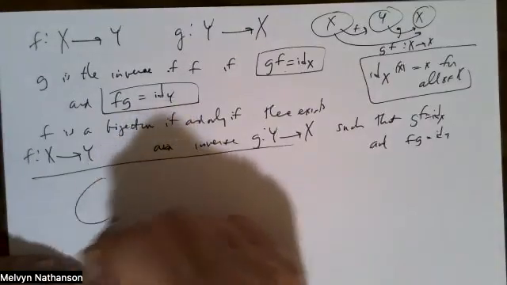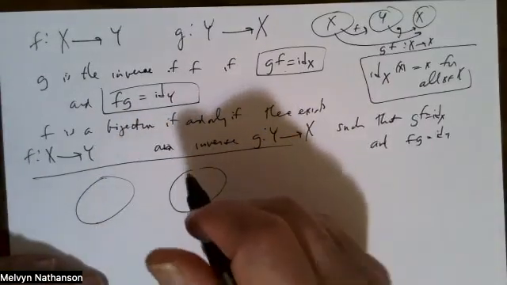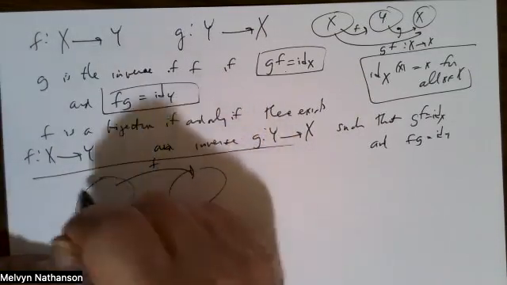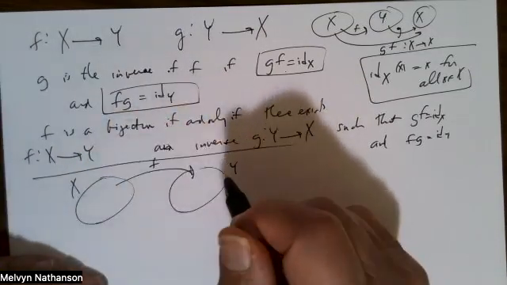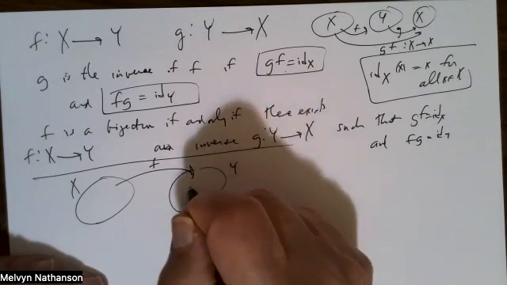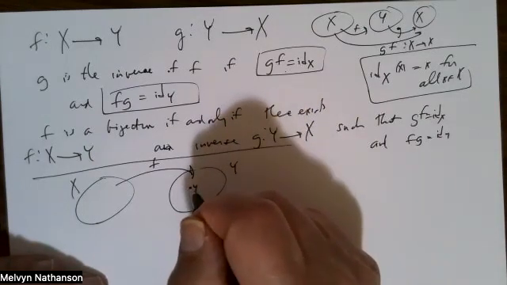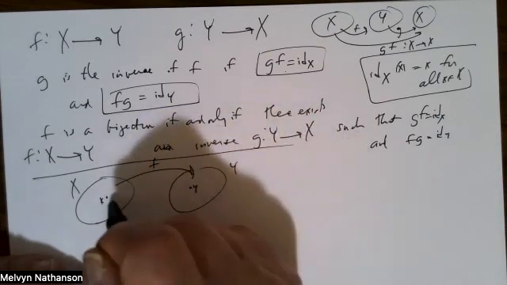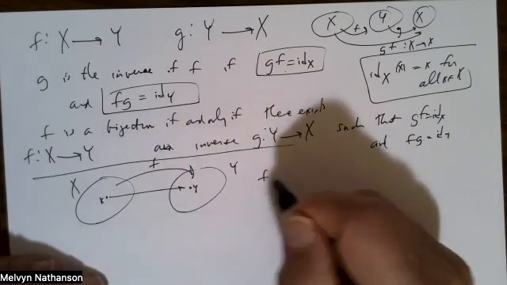The reason why having a bijection means there's an inverse: suppose you have a function f from x to y. If I take any element in y, f is onto, so there's some element x which gets sent to y.